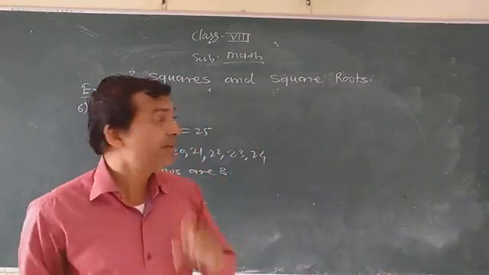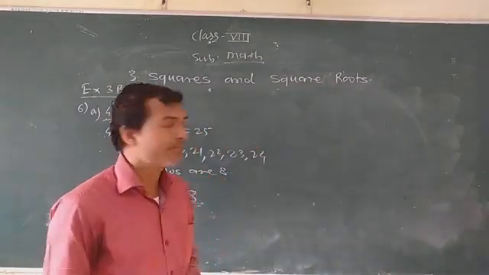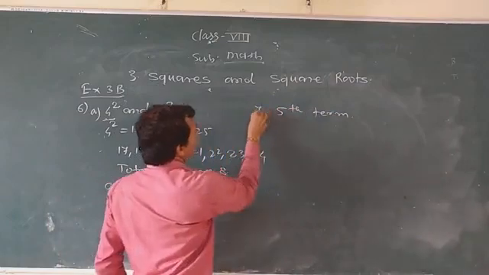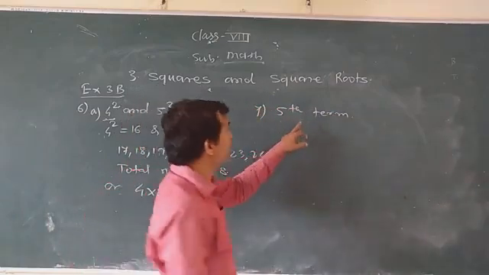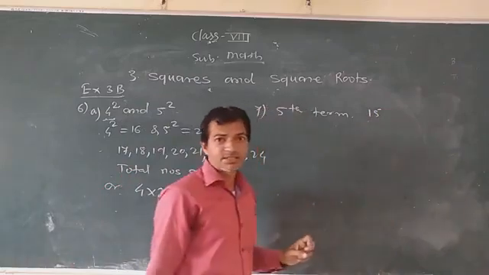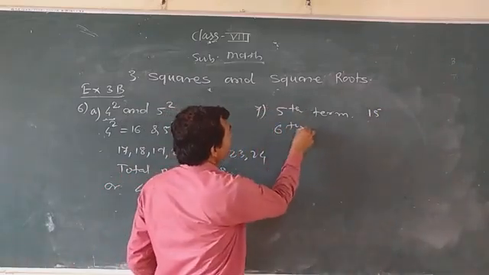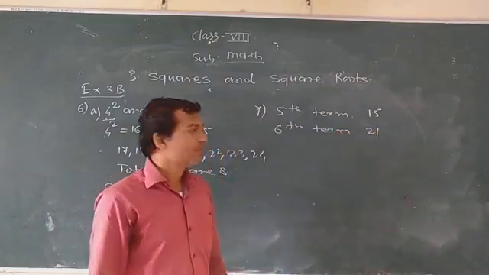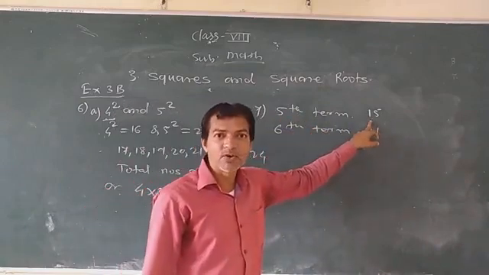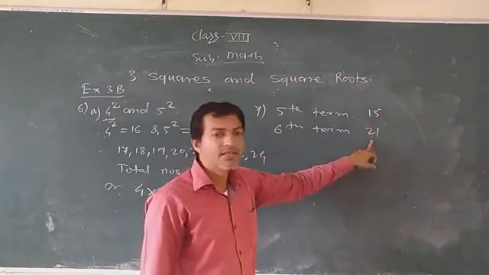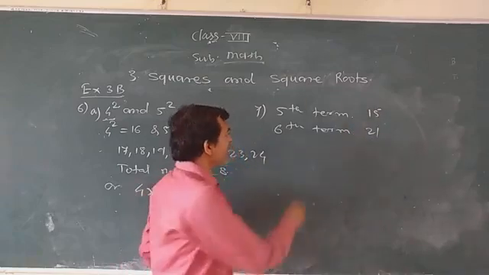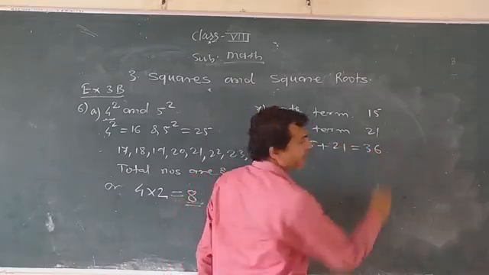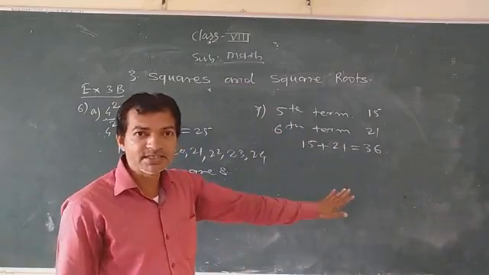The fifth term of the triangular number contains 15 dots, and the sixth term contains 21 dots. If you add these two numbers, 15 plus 21, you get 36.